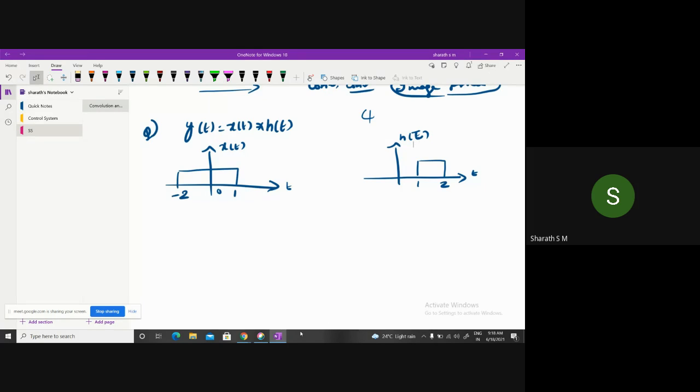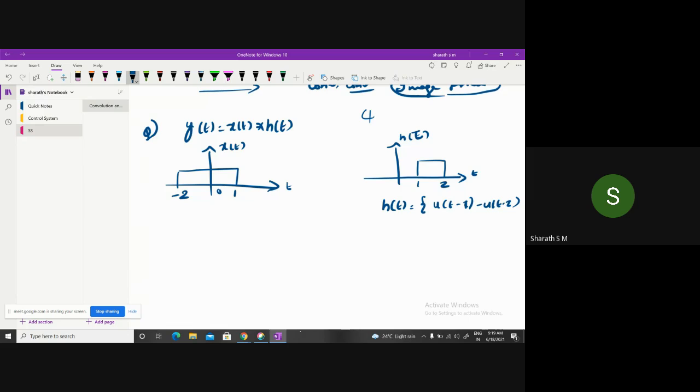What is the signal limit? Sir, 1 to 2. H of t minus tau, not for h of tau. It changes again, t minus tau, so replace t by t minus tau. What is the h of t signal, what is the equation in terms of u of t? It is u of t minus 1 minus u of t minus 2.